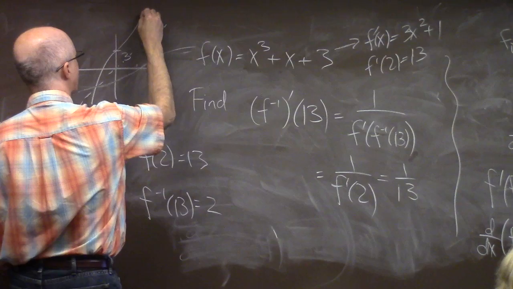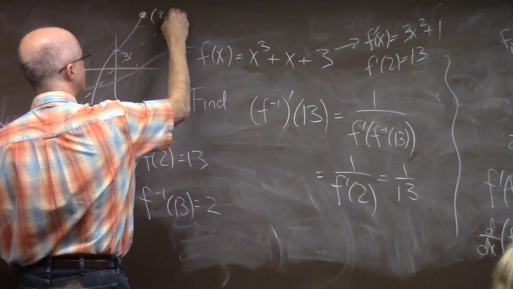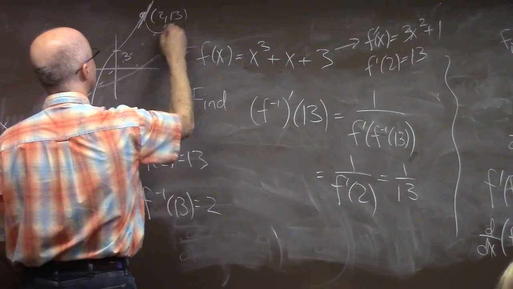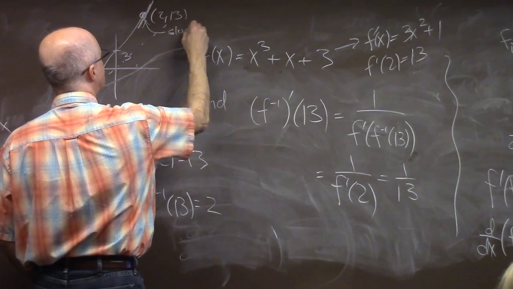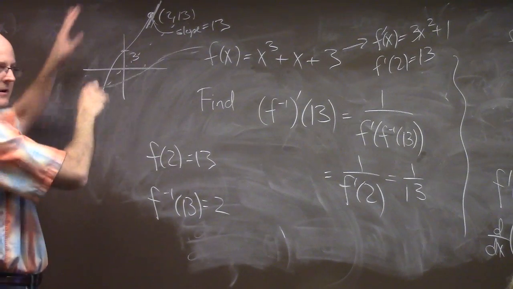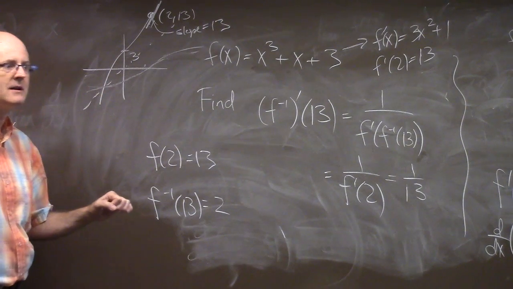The slope of this graph at the point (2, 13) happens to be 13 as well. Not to scale here, okay, bad drawing.